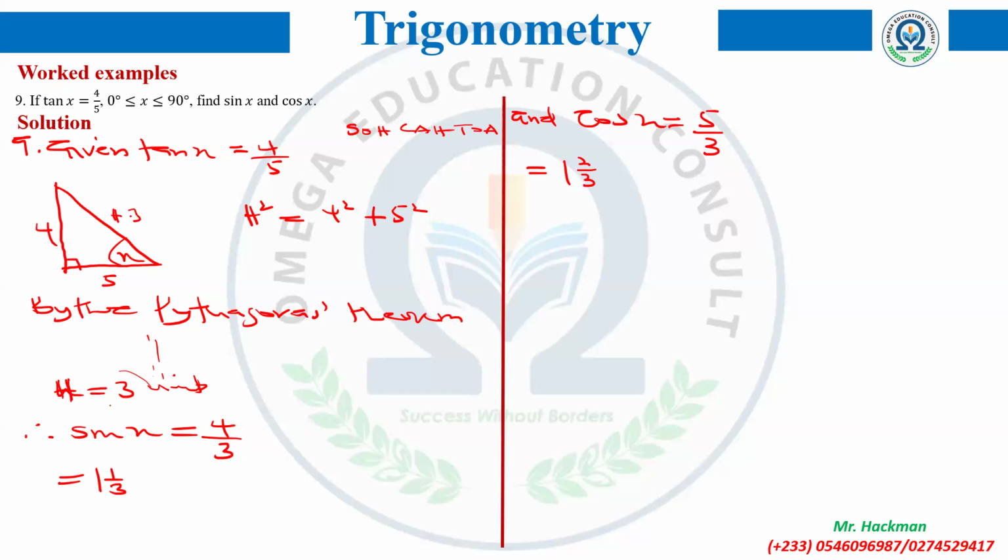Because if this is 3, remember we said the hypotenuse is the longest side, true or false? True. So how can the longest side right now be not even the second one, but the least?